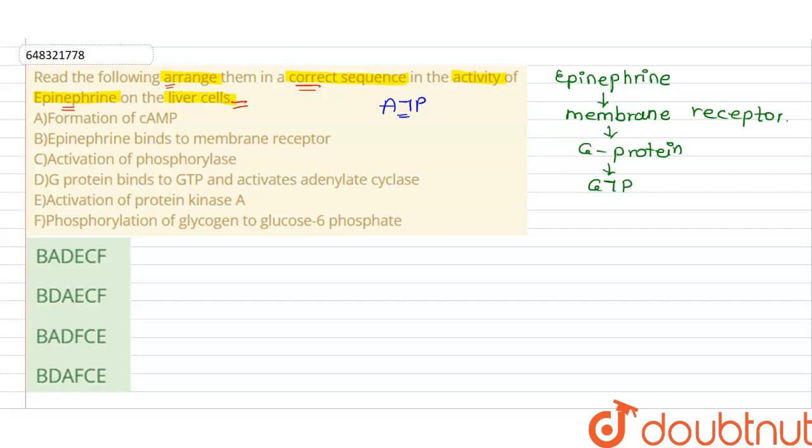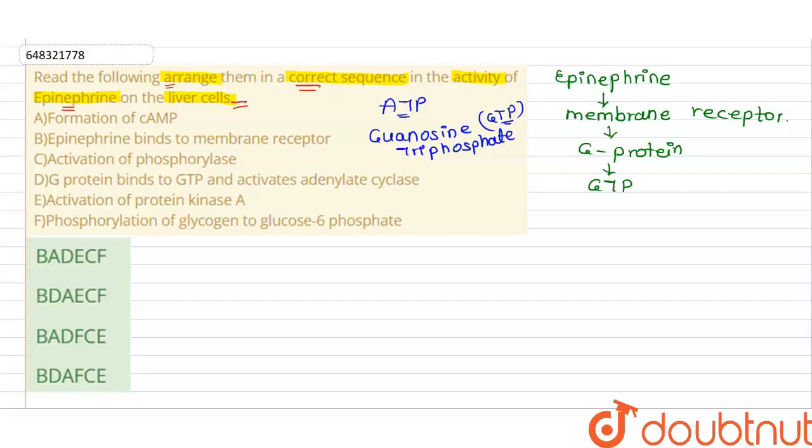In the same way, GTP means guanosine triphosphate. Understand? That guanosine triphosphate is said as GTP.